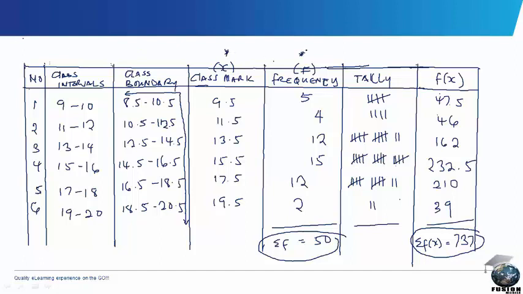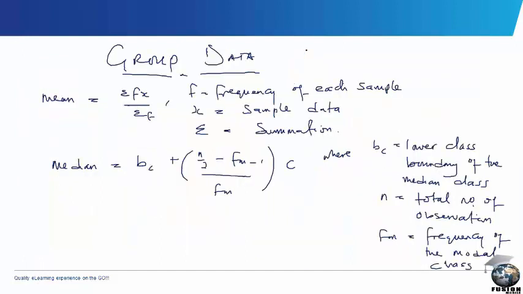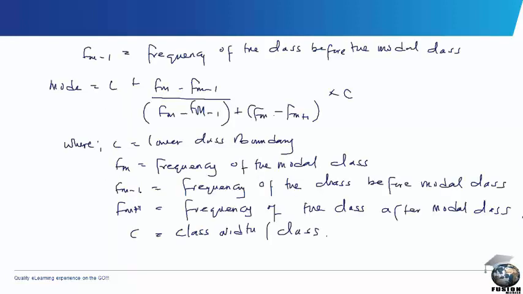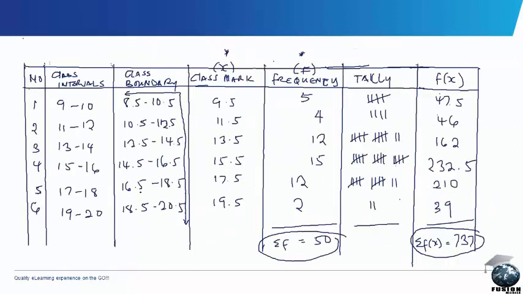So the class marks we have are 9.5, 11.5, 13.5, 15.5, 17.5, 19.5.